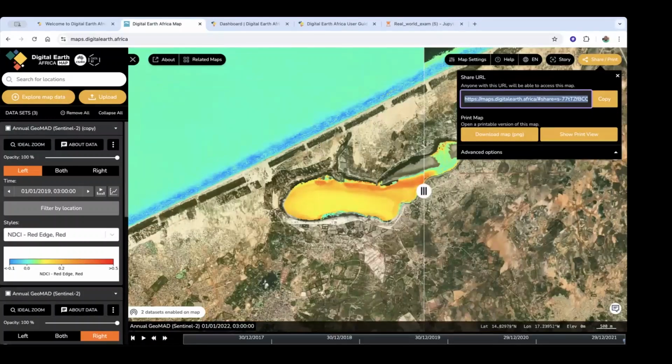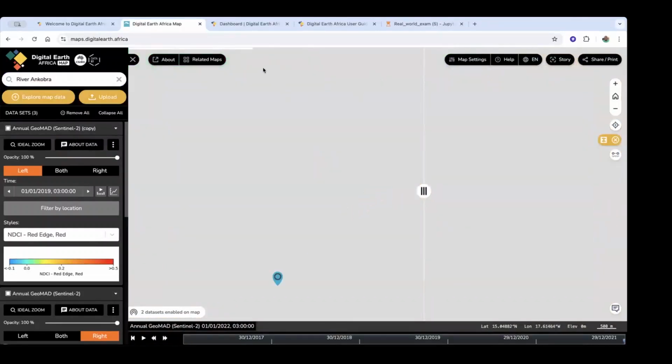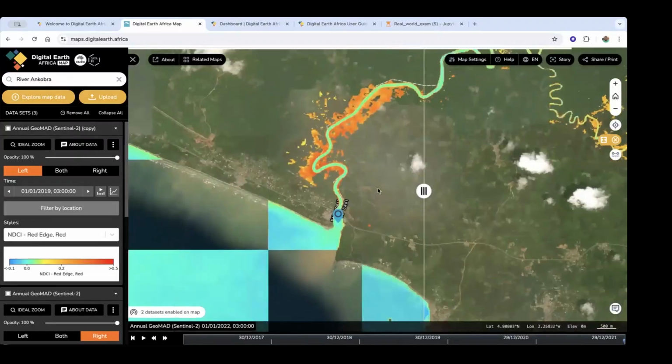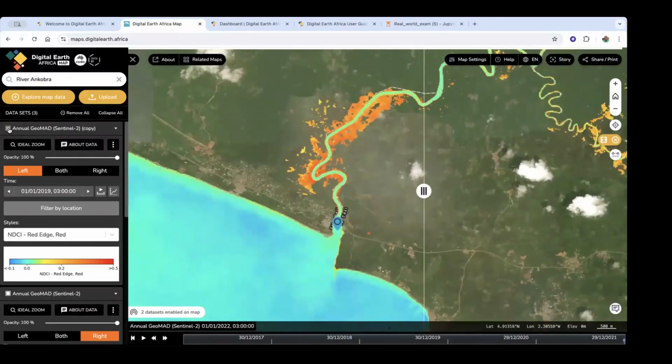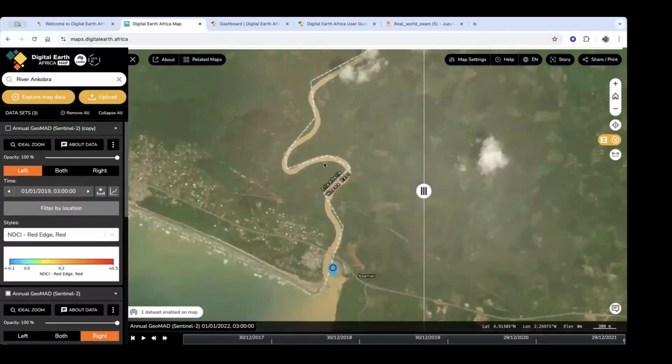Then one of our colleagues has given us a big assignment of looking at River Kobara. Is it near Kumasi? And there we go. And you can see the situation. Let me just try to, there we are.